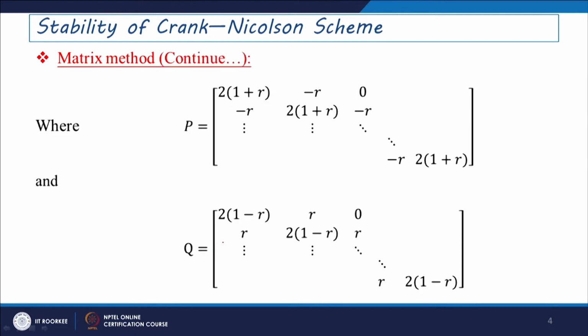So, the coefficients of P can be written as 2 into (1 plus r), minus r, 0, and so on.